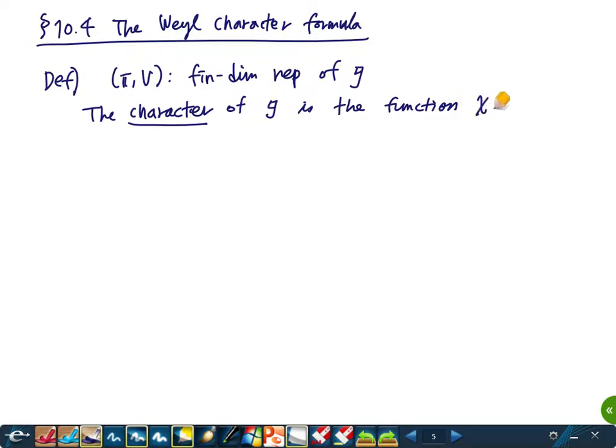The function, denoted chi pi, is a function from this Lie algebra G to the complex numbers given by this formula: chi pi of x equals the trace of e to the pi x.